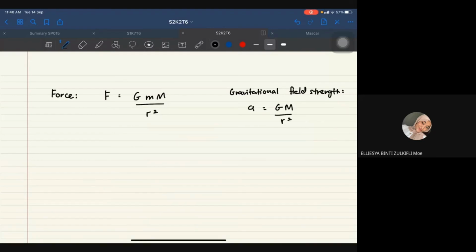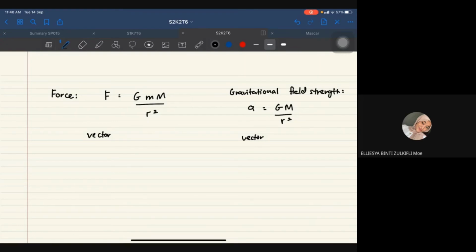Okay, these two are vector quantities. So by right, you should write the direction lah. Normally, because the question doesn't give you any diagram, when you try to answer the direction of force, normally we state, okay, direction of force of the moon is towards the earth. Macam tu lah, something like that.